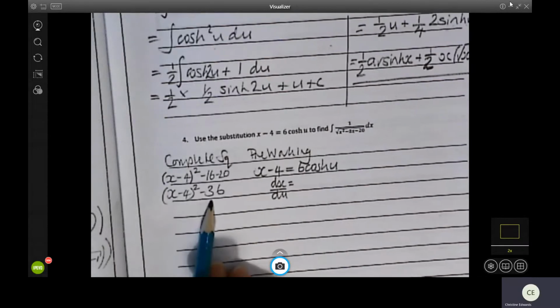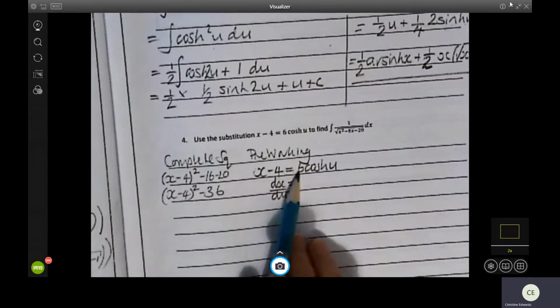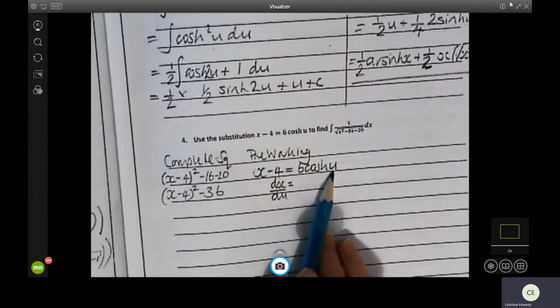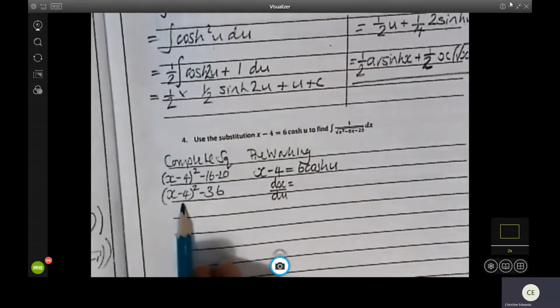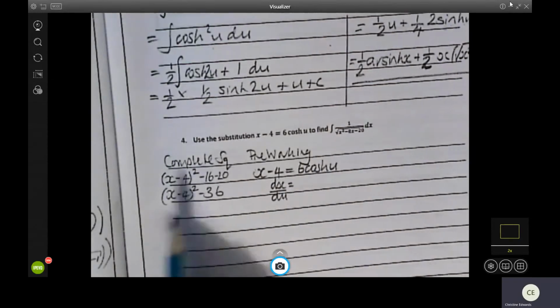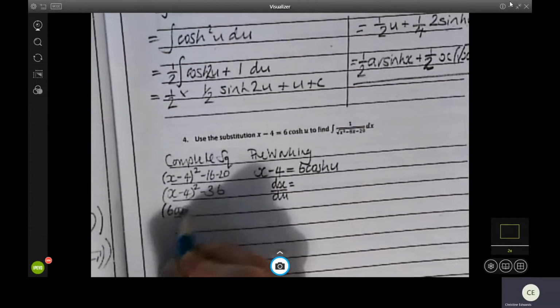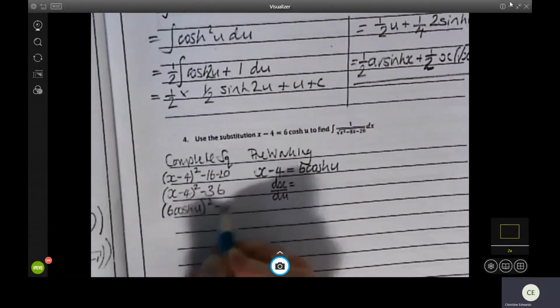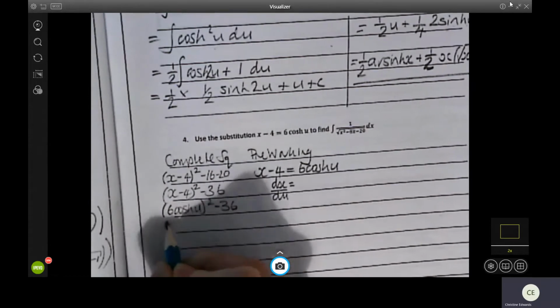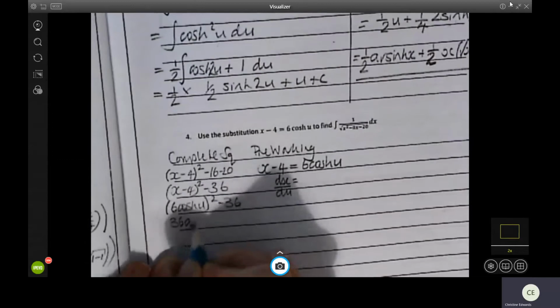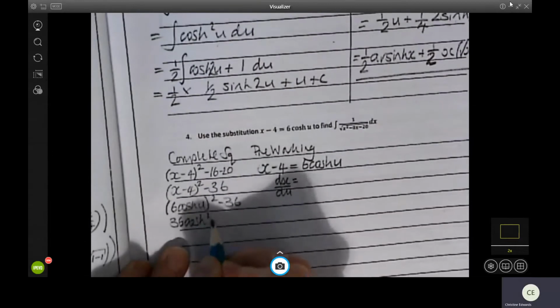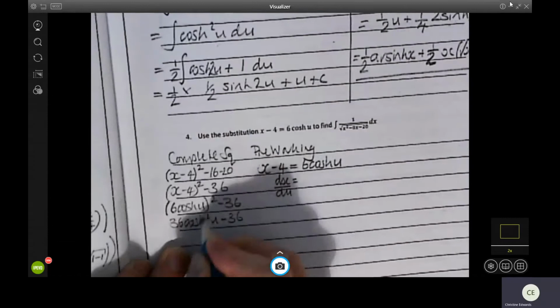Now we've seen this result, we can start to see why they have suggested in this case that we use the substitution x minus 4 equals 6 cosh u.